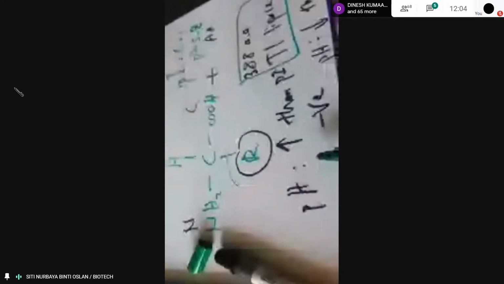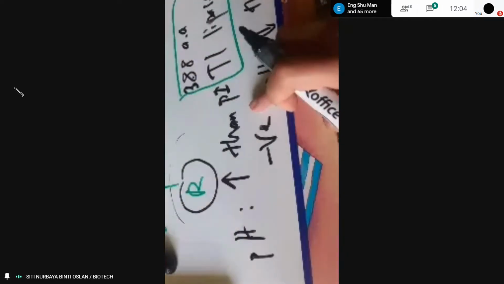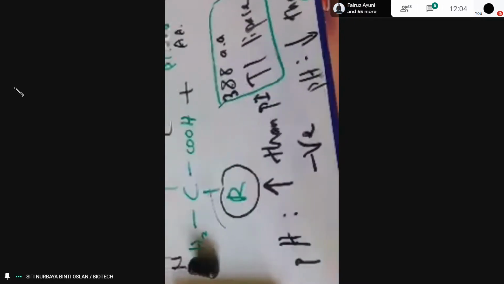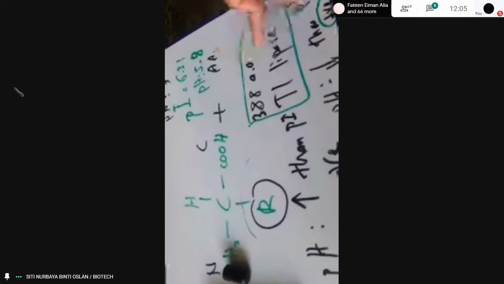If you want the protein to be negatively charged, that means the pH should be maybe 7. If we have pH 7, you see, higher than PI, pH higher than PI will give you a negative charge. So if T1 lipase is in a buffer of pH 7, the T1 lipase will become negatively charged.